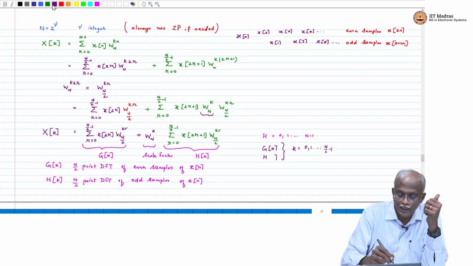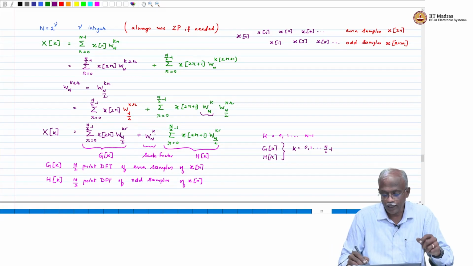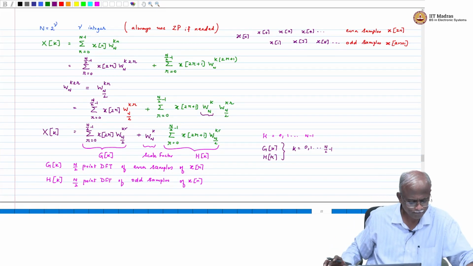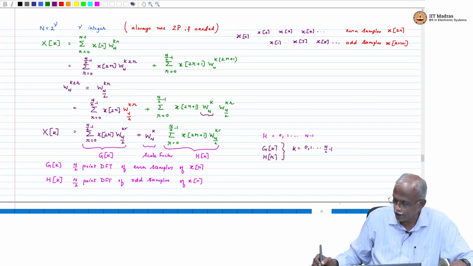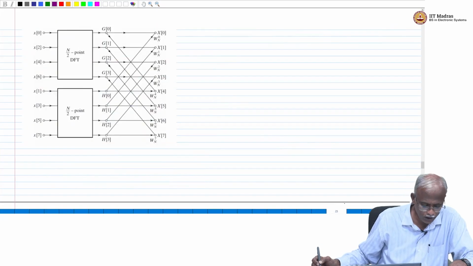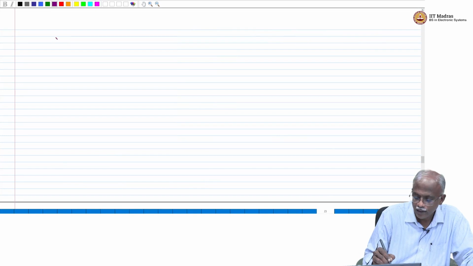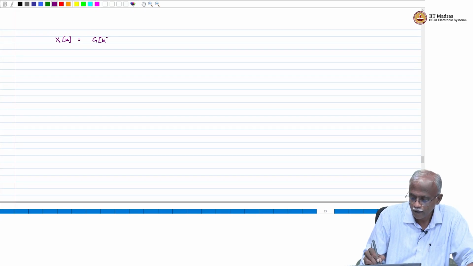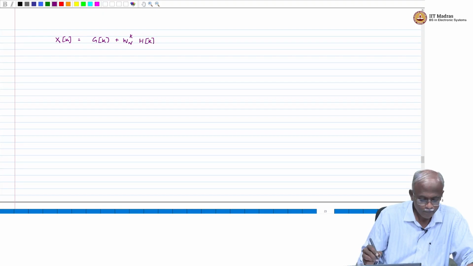What we have shown is that it can be reduced to two N/2 point DFTs, which can then be combined using a scale factor. Okay. So what is the computational complexity of the new operation? Let's write that down. X[k] is equal to G[k] plus W_N^k H[k].